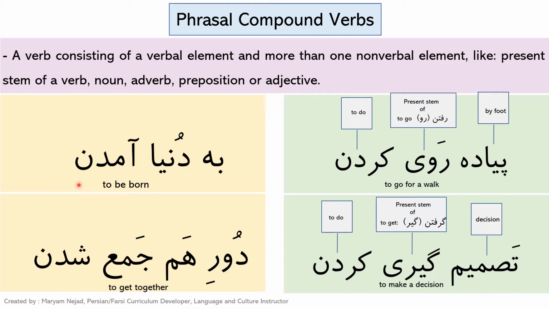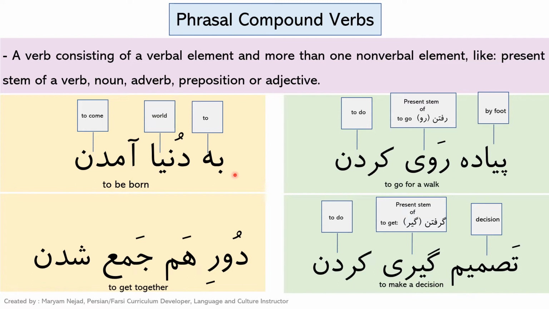On the left side, you will see two other examples. So here we have another verb, به دنیا آمدن. So word by word, به means to, like a preposition, and then دنیا is world, and then آمدن is to come. So to come to world, it means to be born.